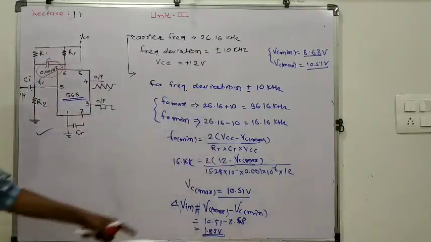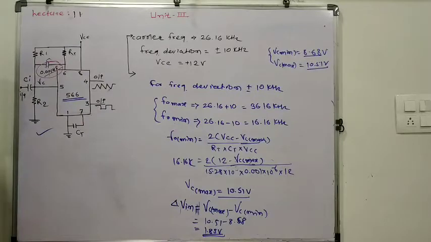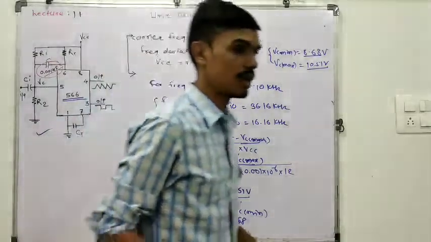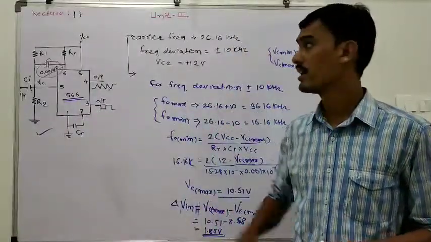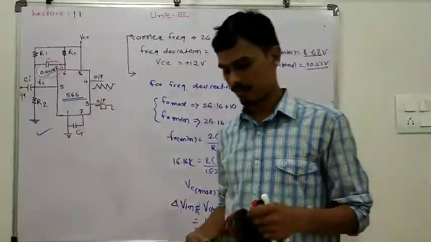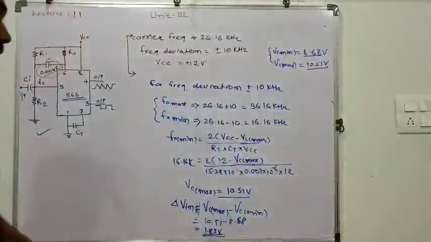This is the change in the input voltage. So this is the solution for the second problem. The second problem was to design an FM modulator by IC566. In this way we designed a frequency modulator, that is an FM modulator, by using IC566.